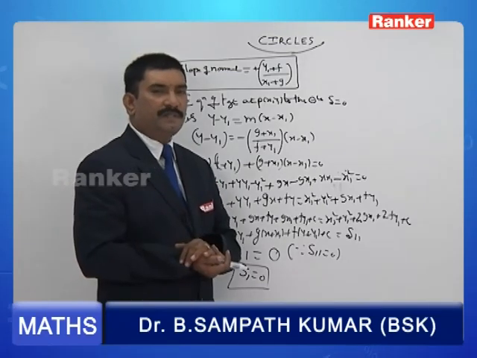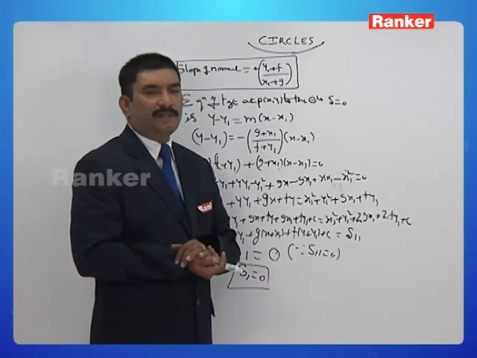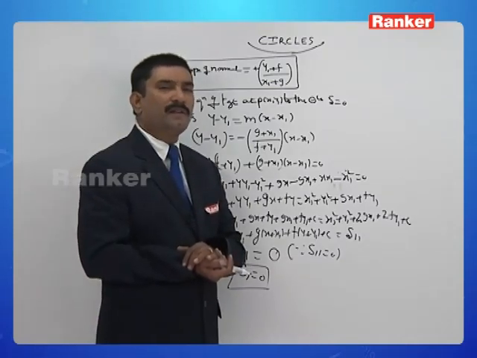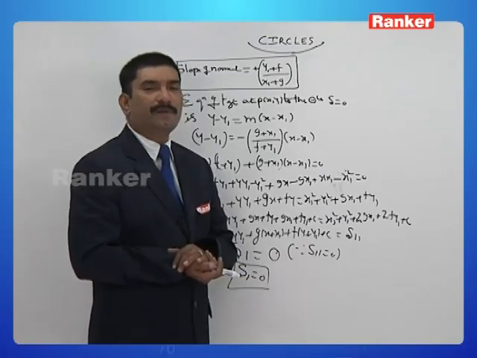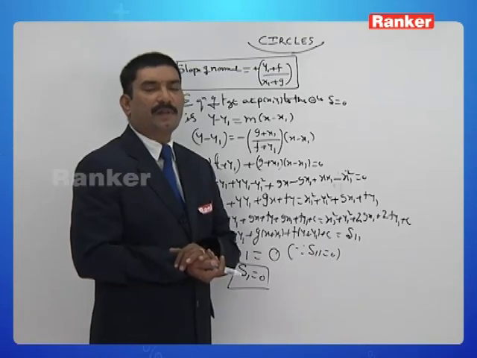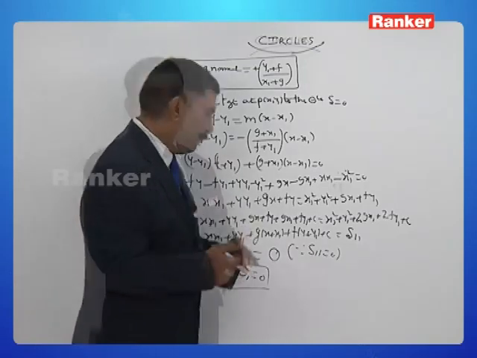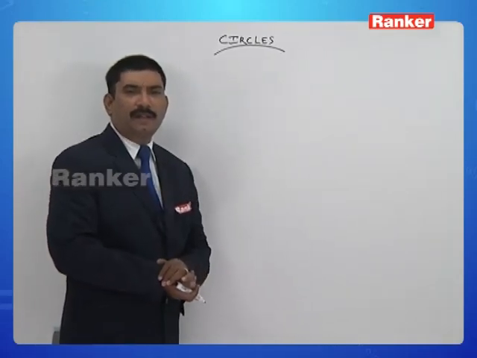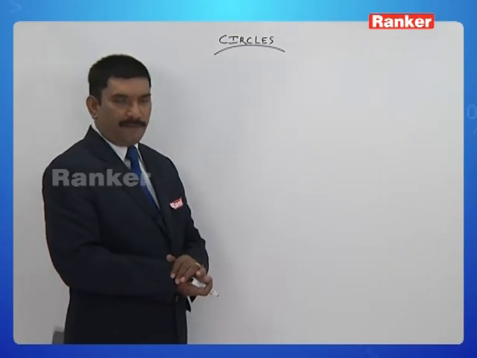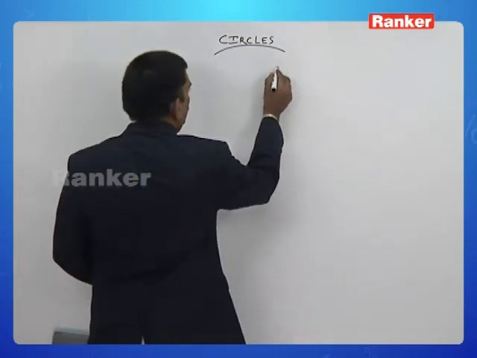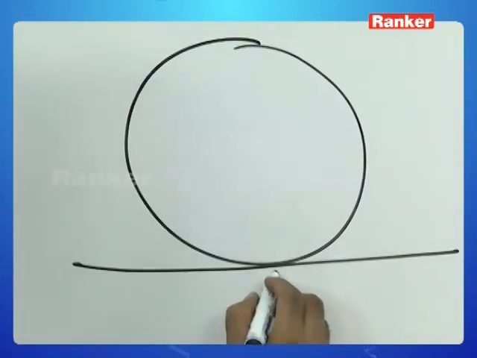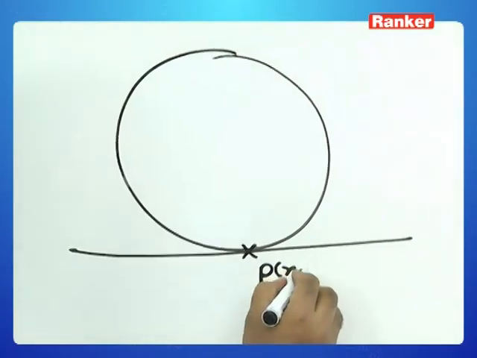Now this is the stage where, when there is a tangent, there must be a normal. What's a normal? A line perpendicular to the tangent at that point P of x1 comma y1. Let us discuss the equation of normal to the circle at the point P of x1 comma y1.